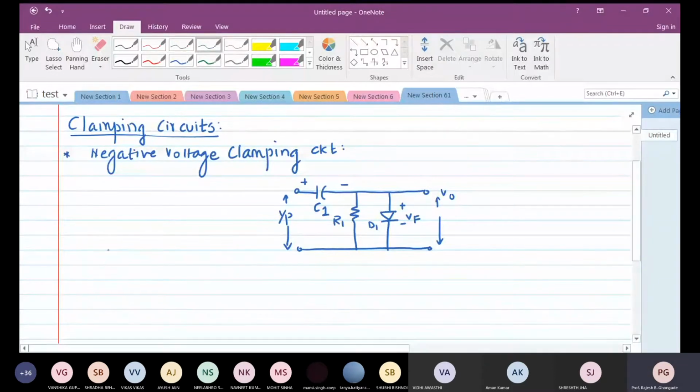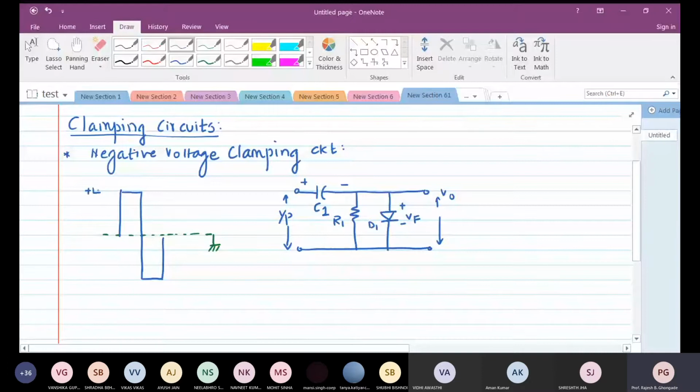Let us see what will happen if I apply an input of this form. As usual, I'll be using a rectangular pulse, rectangular waveform. This is going to be the input.